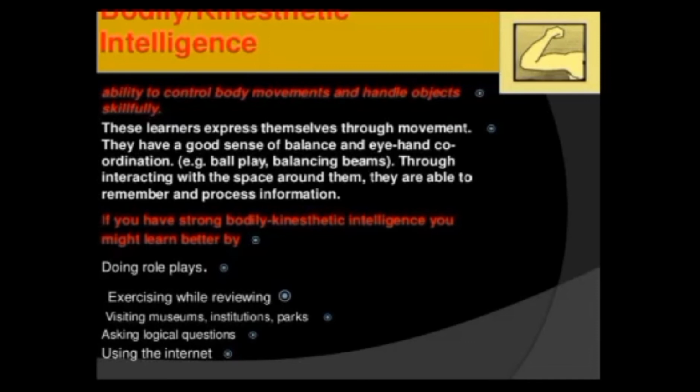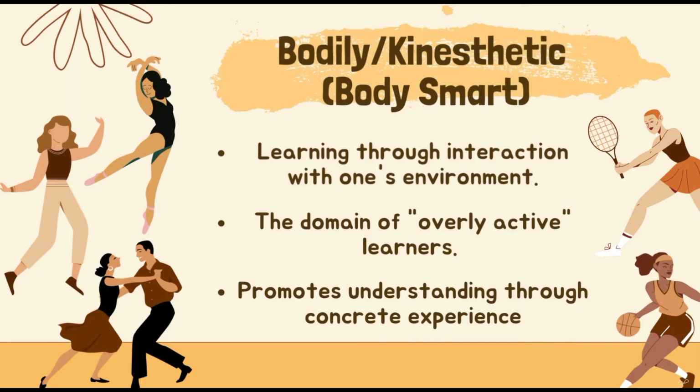Through interacting with the space around them, they are able to remember and process information. If you have a strong bodily kinesthetic intelligence, you might learn better by doing role plays, exercising while reviewing, and visiting museums, institutions, and parks.